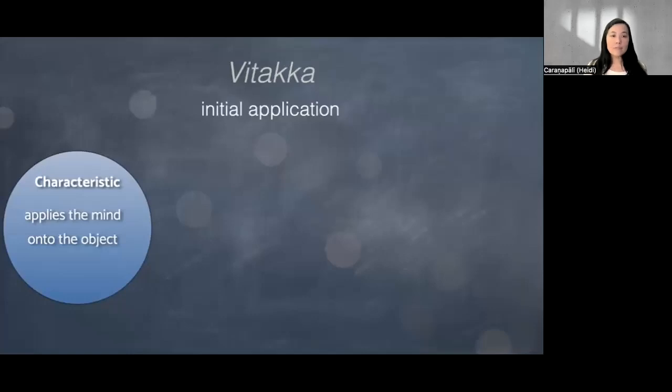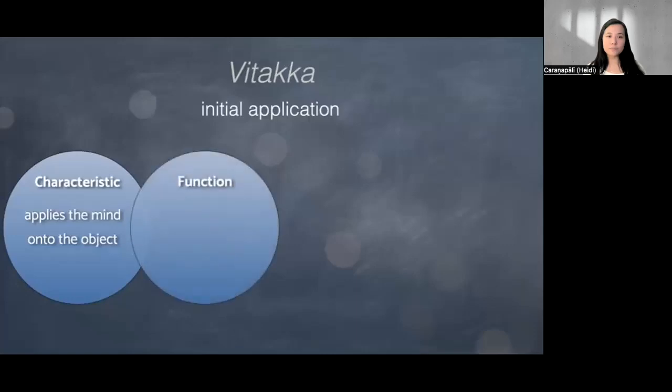Now, Vitakka can arise with only 55 types of consciousness, of citta. So not all of them are accompanied by Vitakka, only some of them. And when this Vitakka is very well developed until jhana, then it is a very strong factor that associates with the jhana cittas.